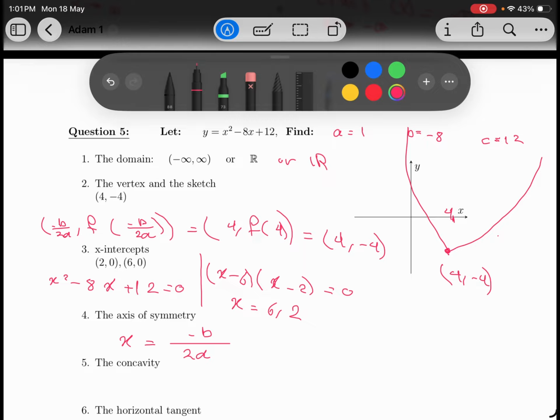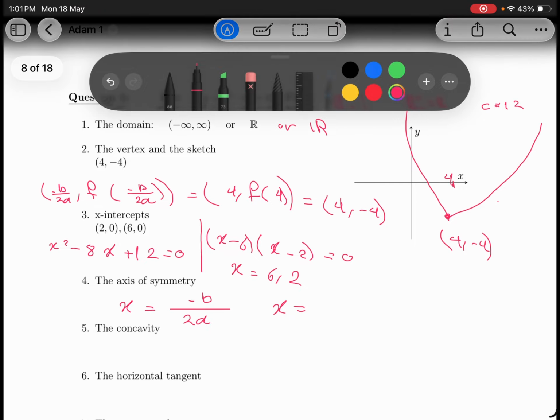You have b, you have a, you can just plug in here. Or to make things more useful, it's the x coordinate of the vertex. So what is the x coordinate of the vertex? x equals 4. Imagine here this vertical line passes through the vertex. Okay, it will split this into two identical parts.